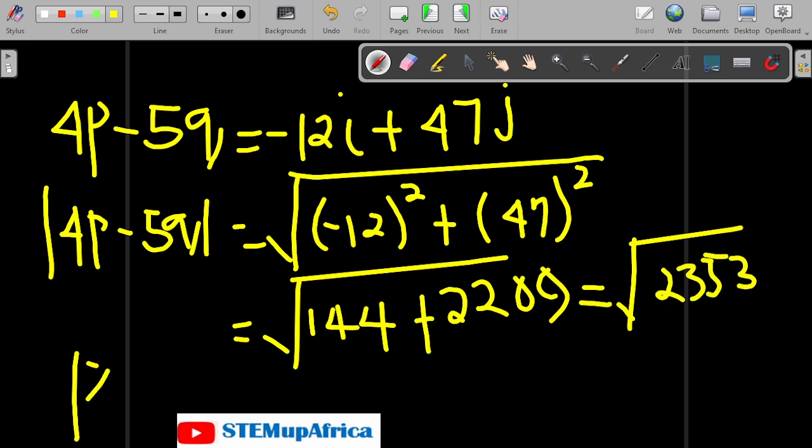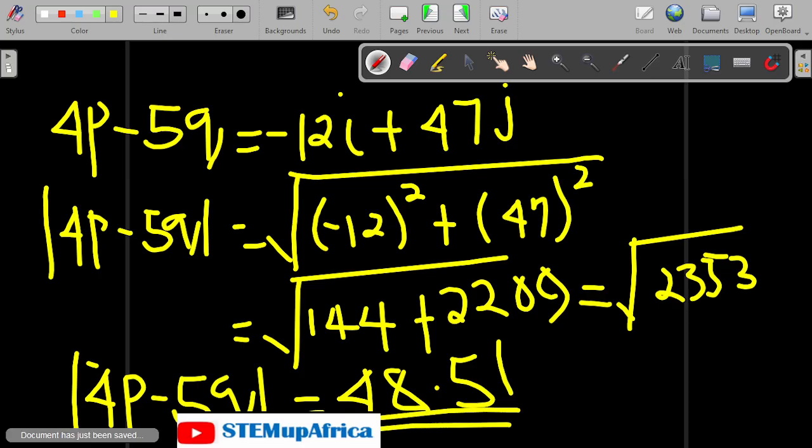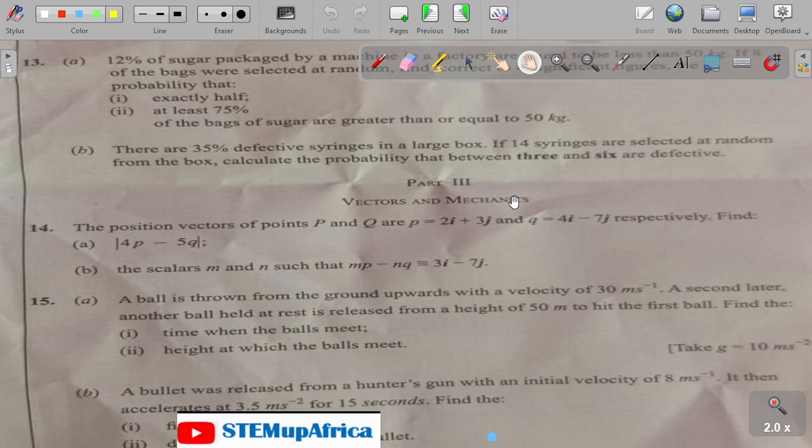So the absolute value of 4p minus 5q will be the square root of that, which will give me 48.51 in scalar form. So that is the solution to question 14a. So let's check 14b.